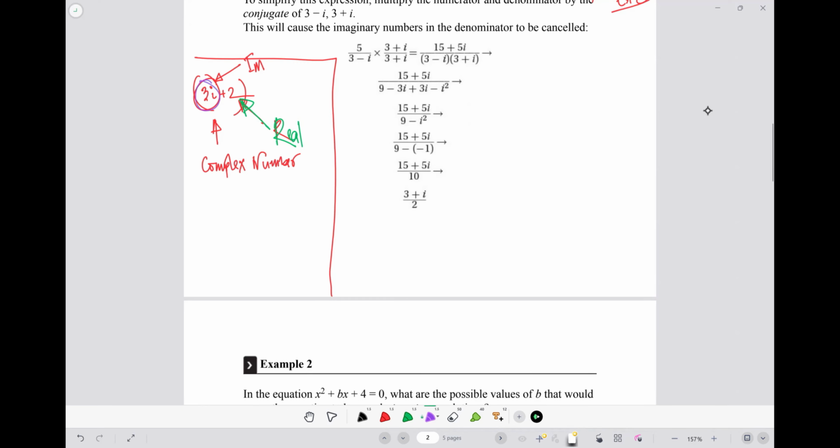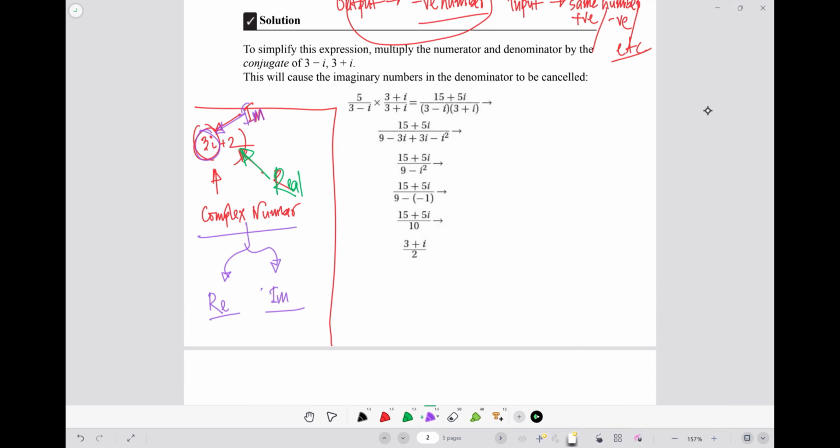So this is a complex number, and inside the complex number we have two different parts: the real part and the imaginary part. And we can add two different complex numbers, we can subtract, we can multiply, and we can divide.